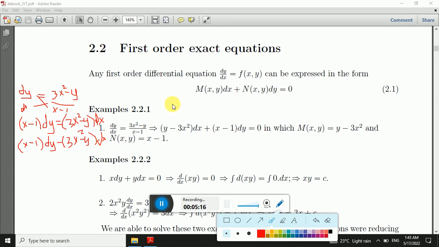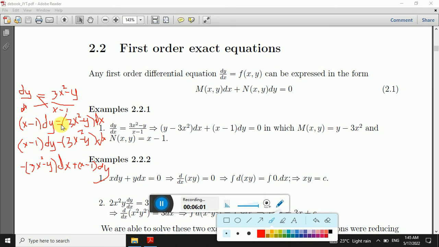Okay, but let's try to compare with our formula. Our formula starts with dx, then it ends with something dy. So let's start with this. If we start with this, that means we shall have minus (3x squared minus y) dx plus (x minus 1) dy.